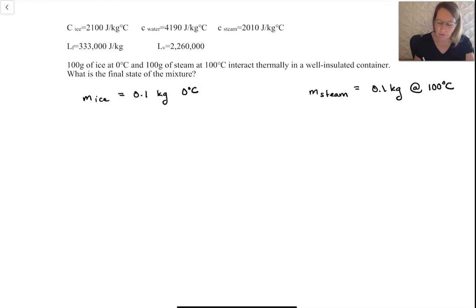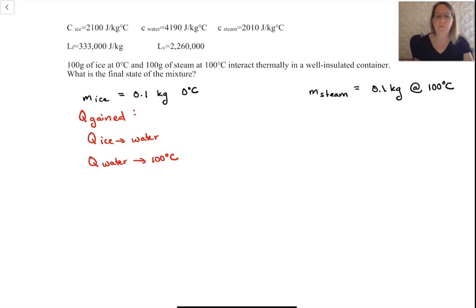And so if we think about this, the heat that's gained by the ice, if we wanted the possible heat that could be gained, would be the heat to change ice to water and the heat then to take that water all the way up to 100 C. So when we're trying to find the state, we're really just sort of testing it. It's almost like we're working the problem backwards. We're testing out a couple of options.